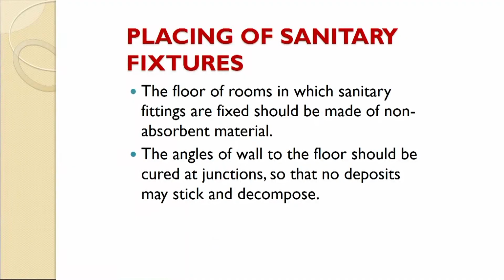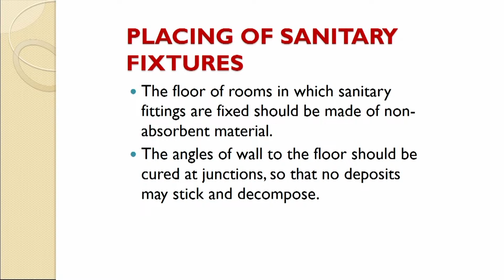Another important point to keep in your mind while placing a fixture: the floor of the room in which the sanitary fittings are fixed should be made of non-absorbent material. If it is an absorbent material, it will harm your fixture.